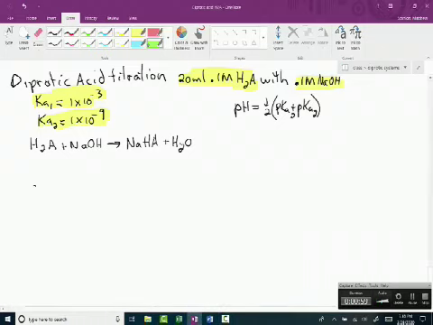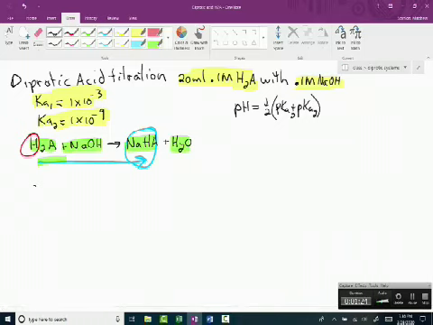Here it is. H2A is going to react with sodium hydroxide, and we only remove one proton. I'm only removing one of these protons in our first step. That's very important. We'll run this completely to completion, until we get only HA minus left.